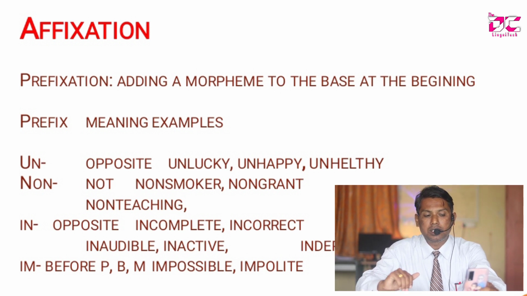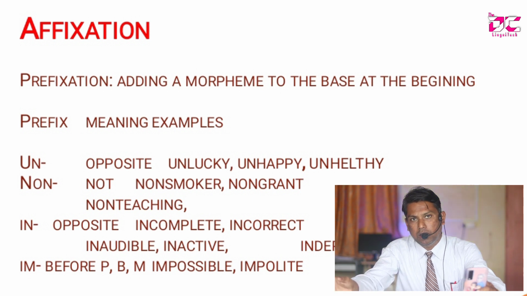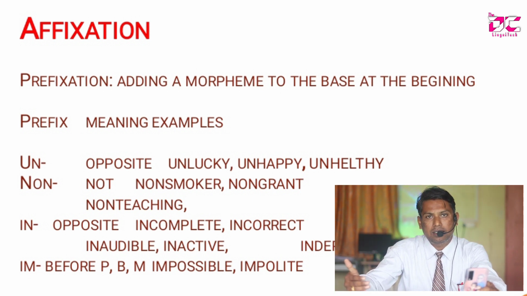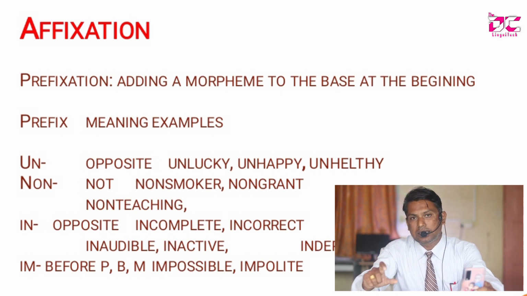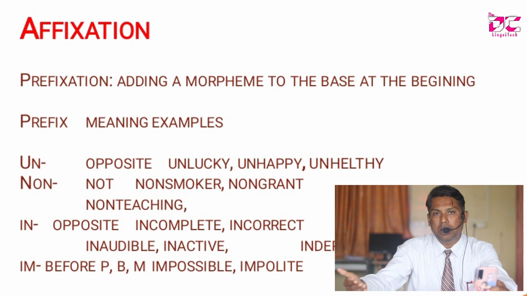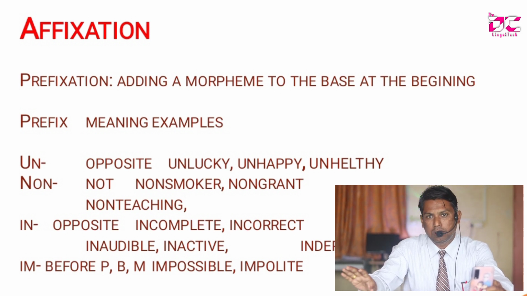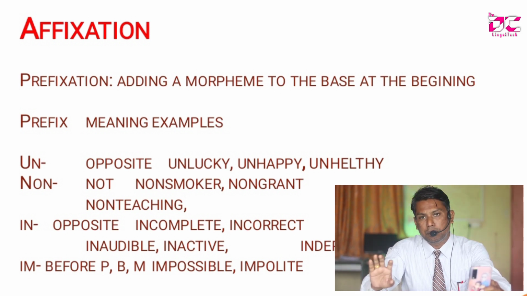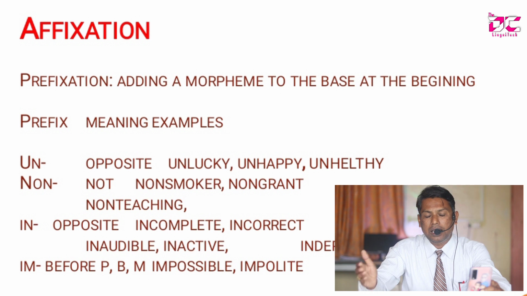I begin with the first prefix, un. Un means opposite to the word. For example, unlike. Family is a noun, but if I say unfamily, it is a new coinage, and it is possible also, as we have heard it many times with adjectives like happy, unhappy, or healthy, unhealthy.